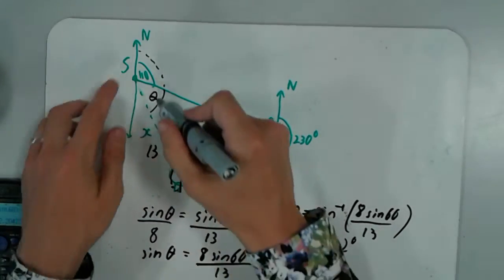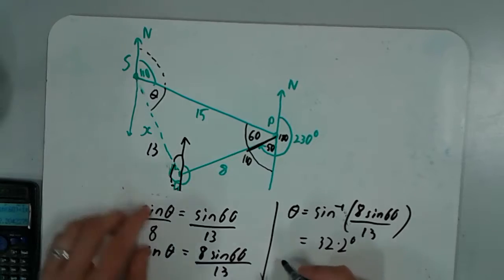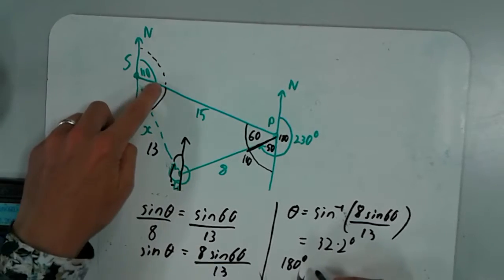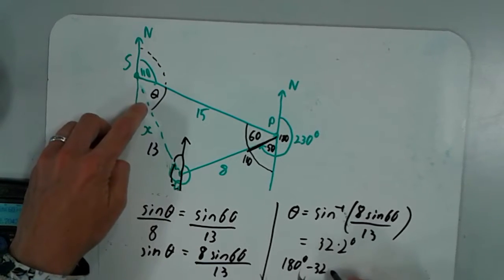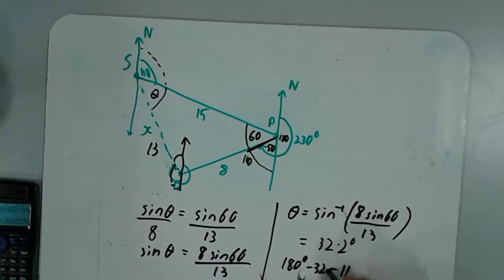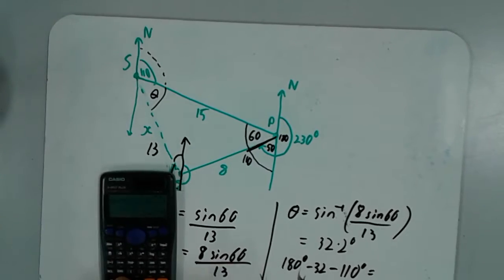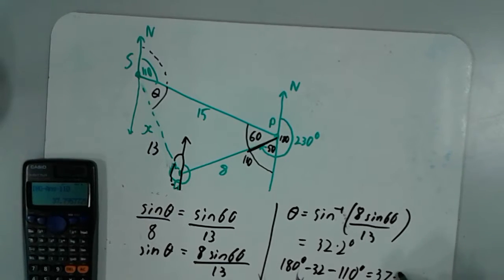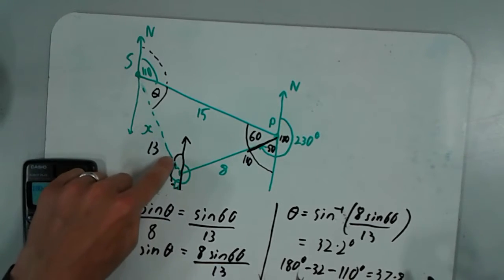That is 32 plus the 110. So now if we want to know this, that is 180 minus the 32 minus the 110 we already knew. 37.8. That's that angle there.